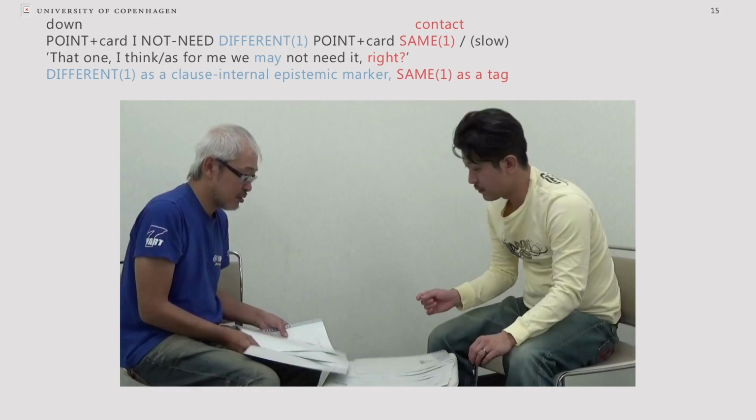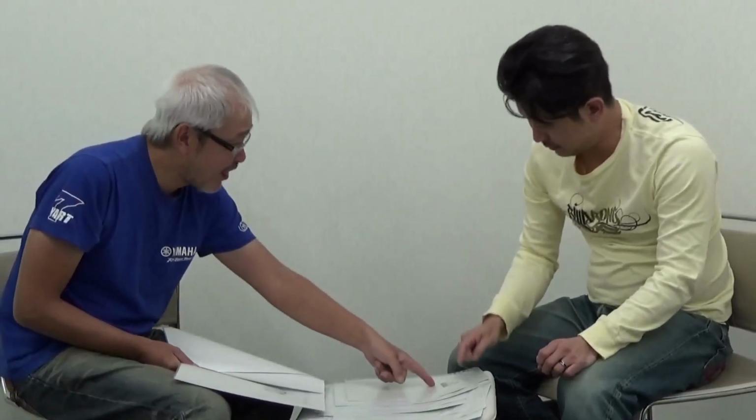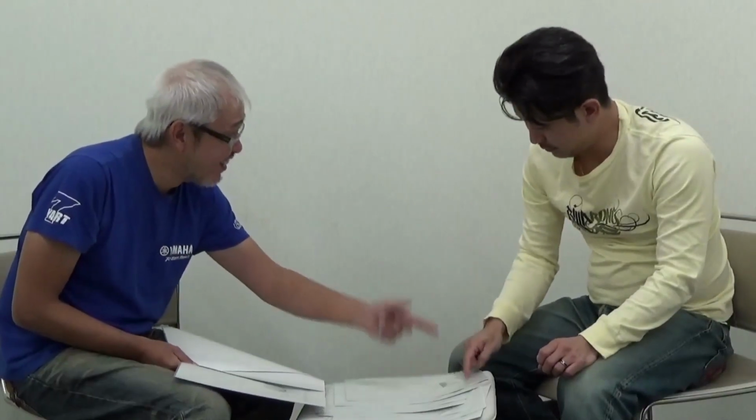So here's an example where the signer uses different in the one-handed version in the middle of the clause, and uses same at the end as a tag. And as you can see, he looks up when he uses the tag and has eye contact with the other person.